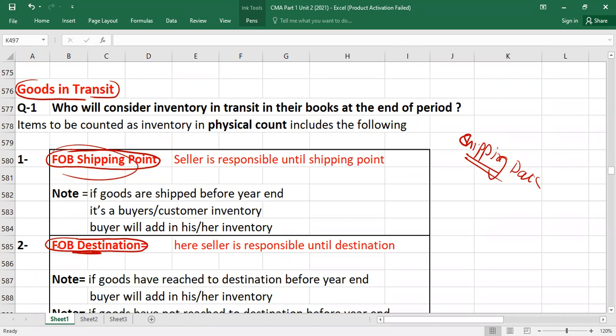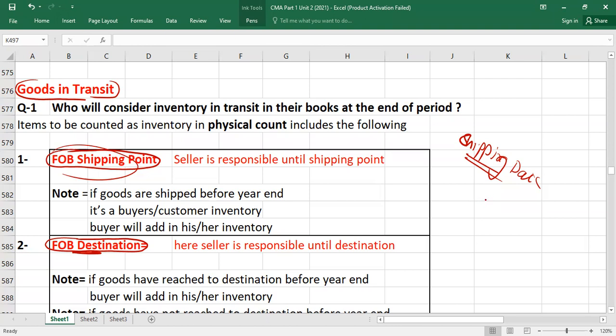For example, the supplier is selling in USA, the customer is in UAE, and under this agreement the supplier is saying, I am taking responsibility for the goods until they reach your doorstep. The day when you take the goods, it is yours. Otherwise, I am responsible. Under destination, the important thing is the receiving date.